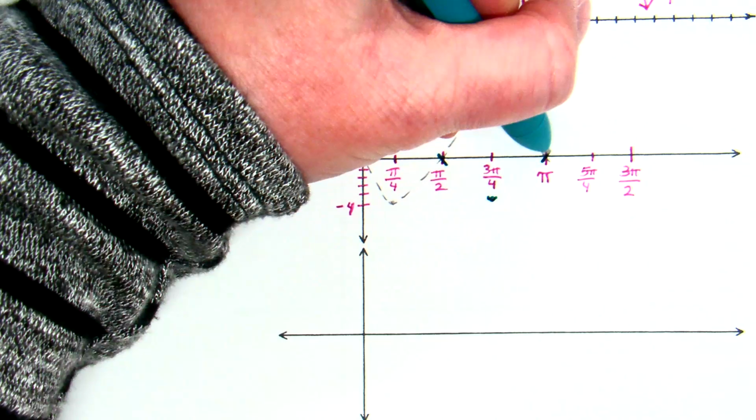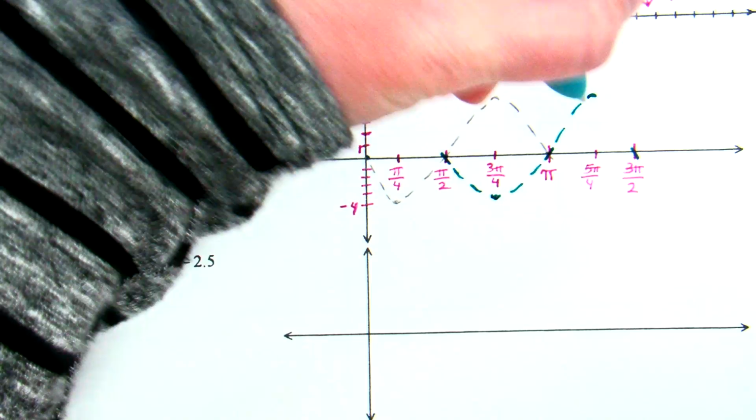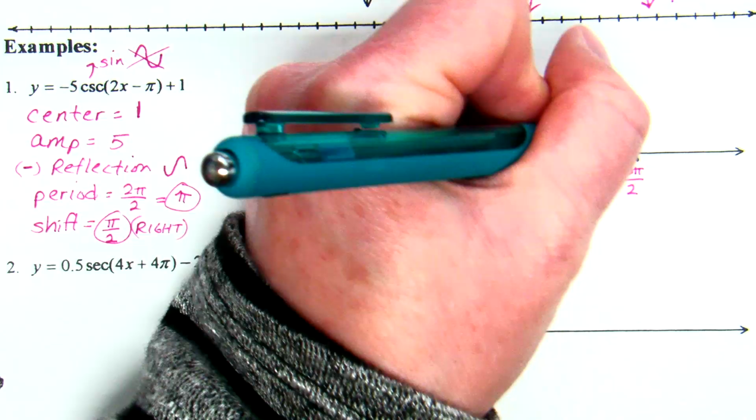After the intercept, we're going to have a maximum, and then intercept. Okay? Again, remember your actual curve is a dotted line, because this is not cosecant, right? This is just the sine curve.